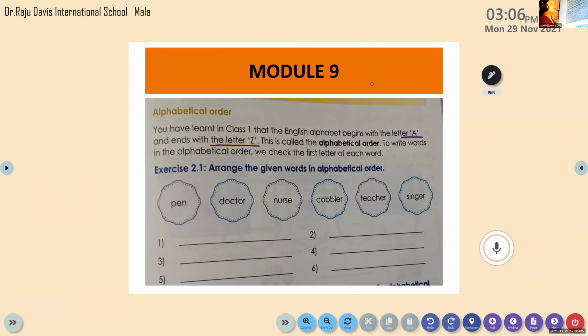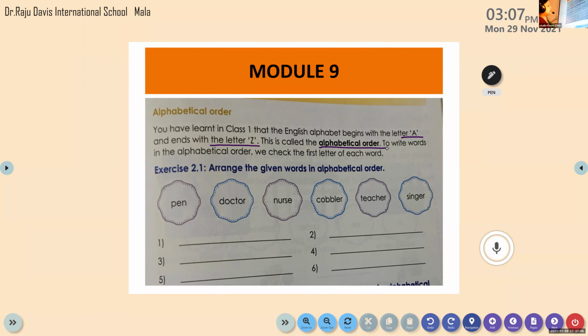And there is a particular order or sequence of arrangement of these letters, right? The first letter is A, then comes B, then C, D, E, F, and so on, whereas the last letter is Z. This particular order or sequence of these 26 letters is called the alphabetical order.